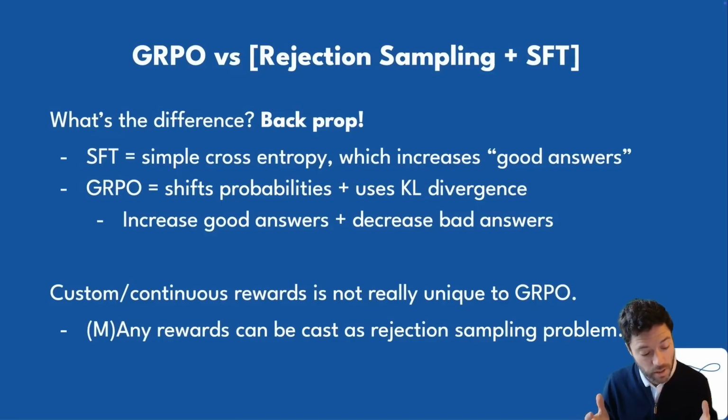So basically what I'm saying is, yes, it's nice that you can tailor reward functions in GRPO, but it's also true that you can tailor rejection sampling, and you can do that on a continuous basis in principle as well. So I think largely these are equivalent.